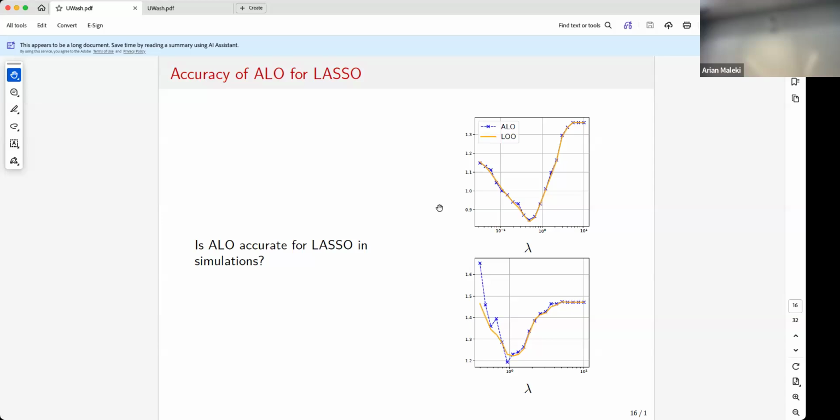My formula was based on that assumption, but the formula still works even though the assumption is violated. And there are some issues here. I guess now we understand why this is happening, but in general, the approximation is not bad, even on very hard lasso type problems.